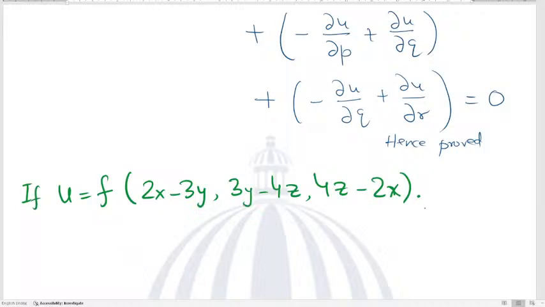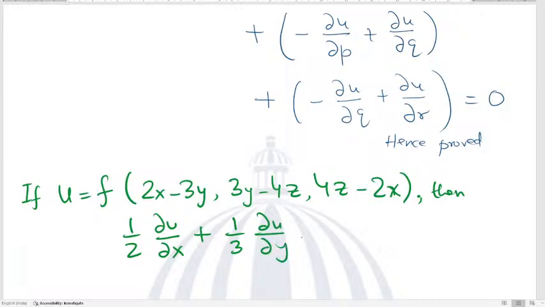If u is this, then we can write down 1/2 ∂u/∂x plus 1/3 ∂u/∂y plus 1/4 times ∂u/∂z is equal to 0. So this is true.